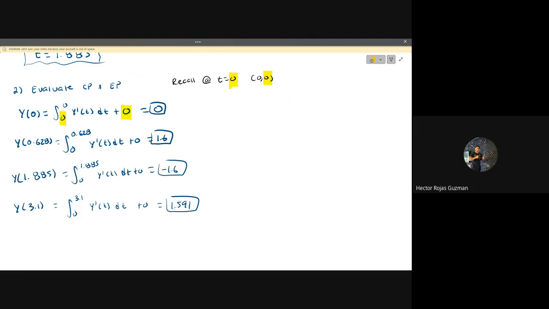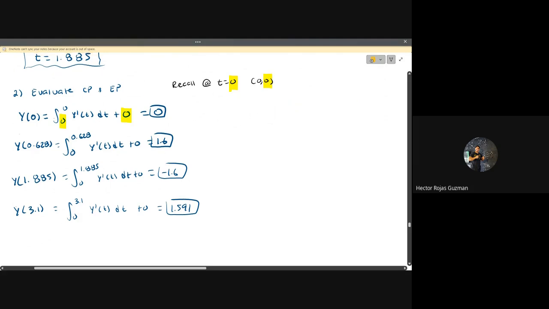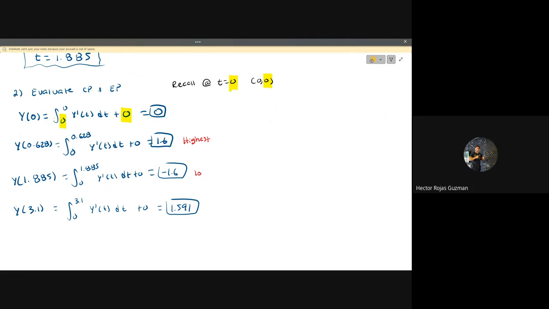Going back to the question, we want to find the difference between the y coordinate of the laser's highest position and the lowest position. So this would be the highest position. This would be the lowest. Now let's find the difference. Step 3: the highest minus the lowest equals 1.6 minus negative 1.6, which is 3.2 centimeters.